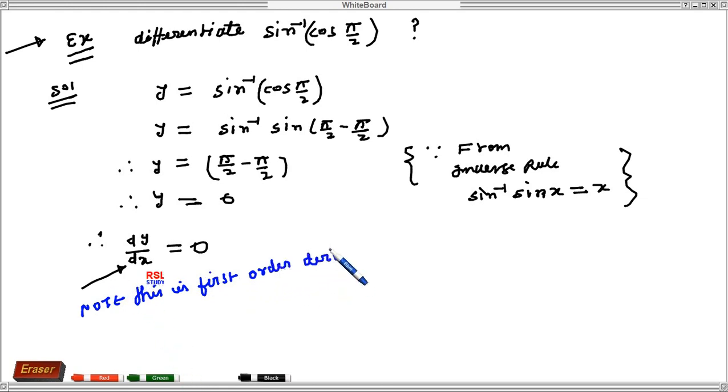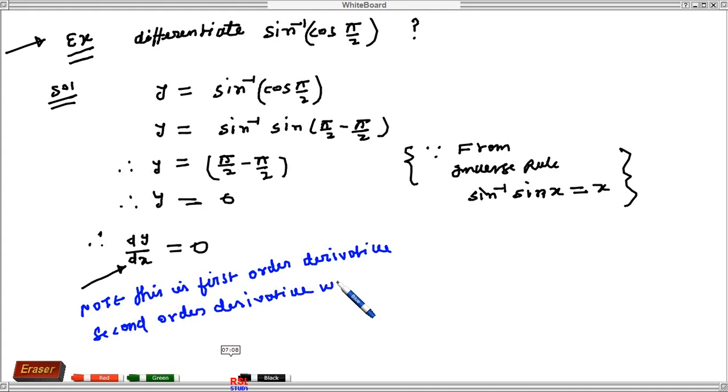So this is the first order derivative, means you can also find the second order derivative, third order derivative, fourth order derivative, and so on. But in this chapter we will study only the first order derivative, that is dy by dx. Its second order derivative will be written as d square y by dx square.